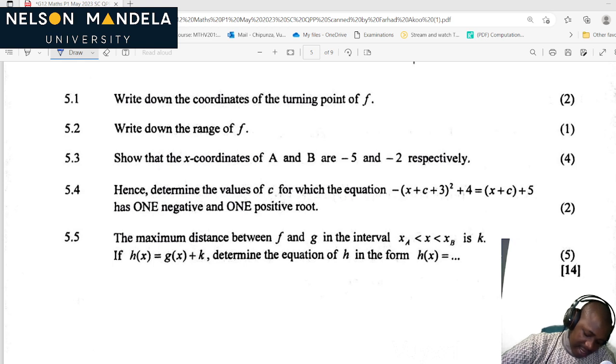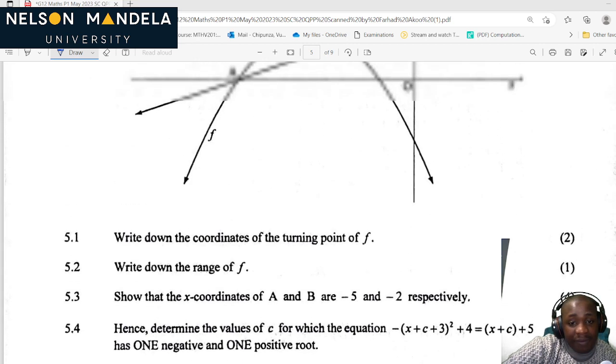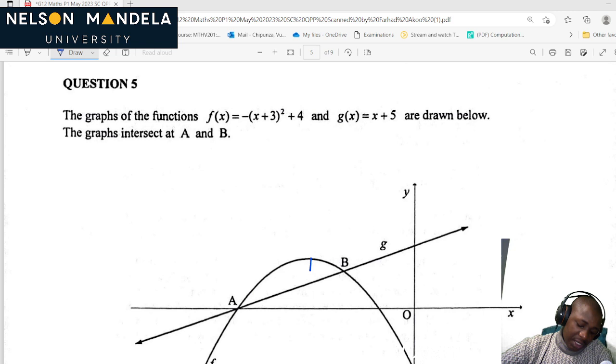So they are saying that h of x is equal to g of x plus k, and this k value is the maximum distance between f of x as well as g of x. So how can we solve this? We can solve this in an easy way, because we just have to say f of x minus g of x.